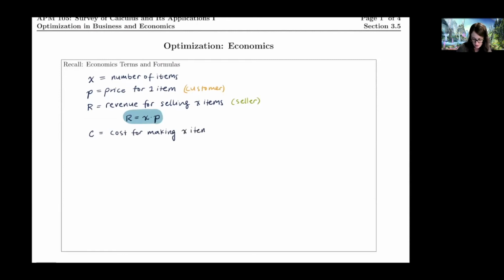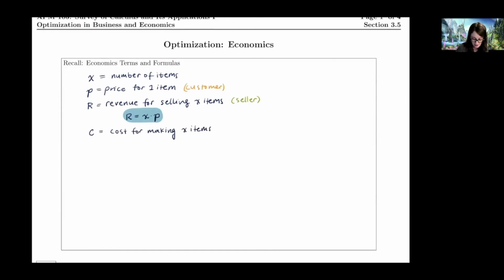This is the money spent by the seller to create a certain number of items. Then the seller also has something called profit. We use capital P for that. And this is also dependent on X, so it's the profit for making and selling X items. And again, this goes with the seller because the seller is who is making the profit.